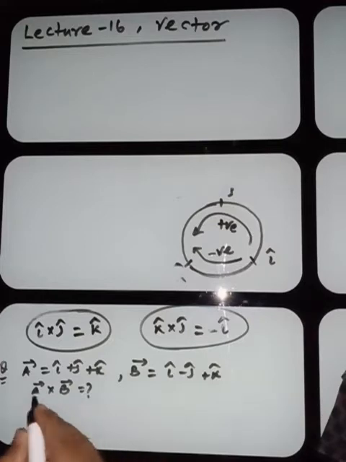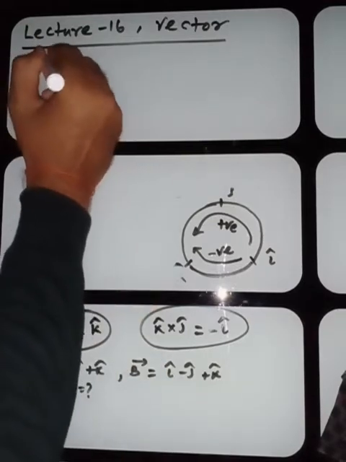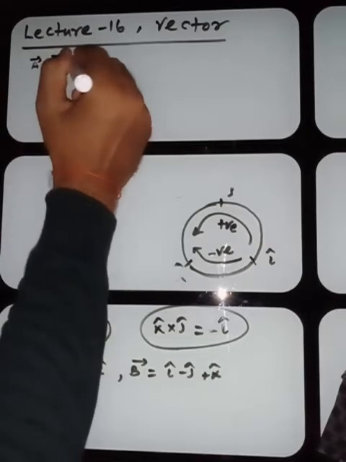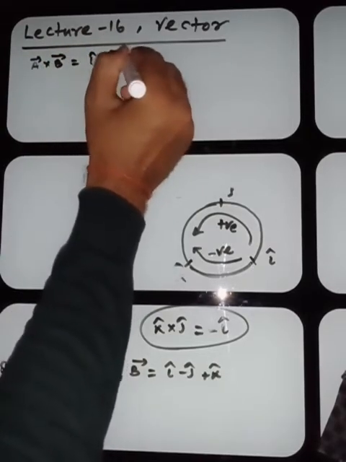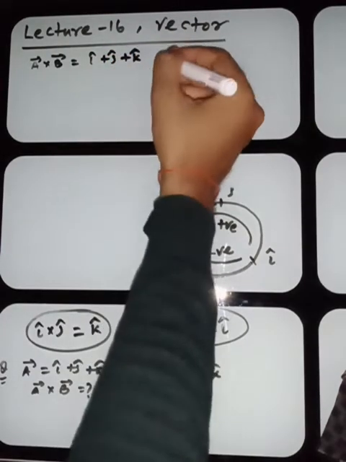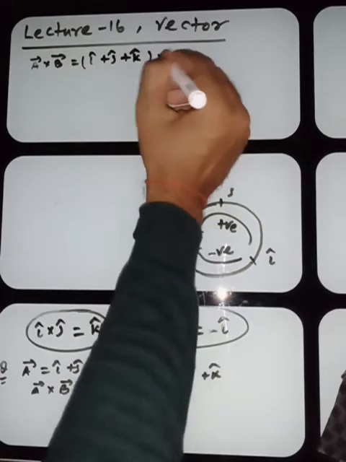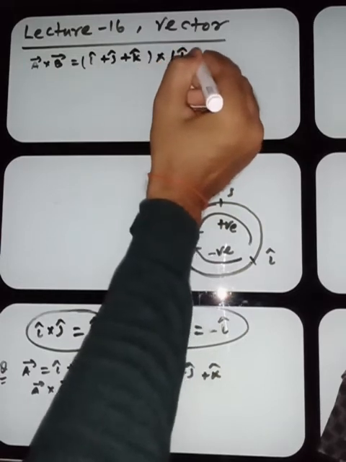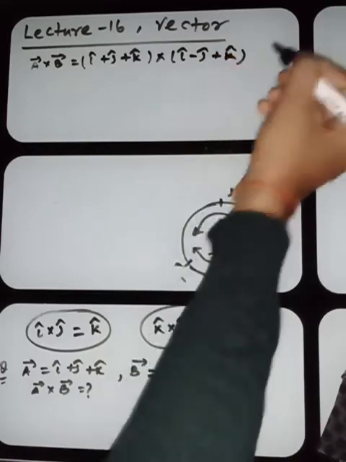Here, A cross B is (i plus j plus k) cross (i minus j plus k).